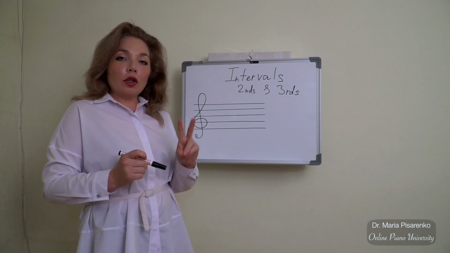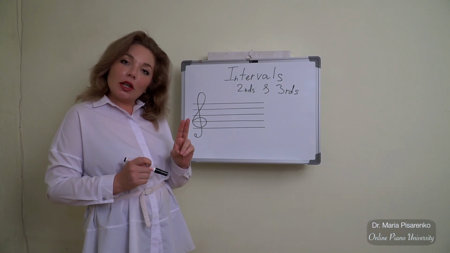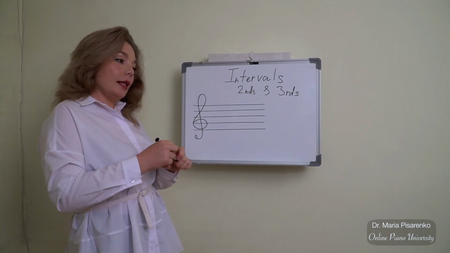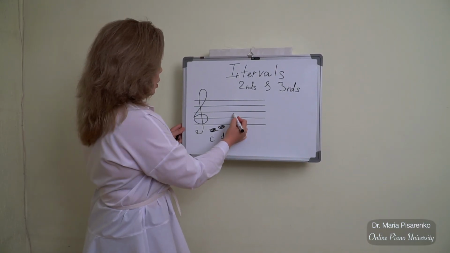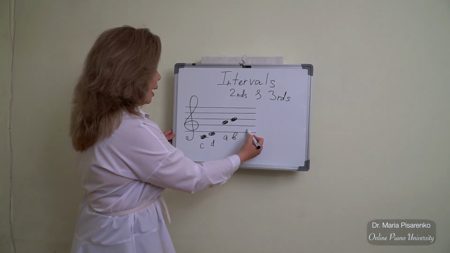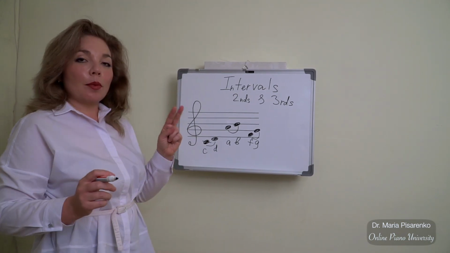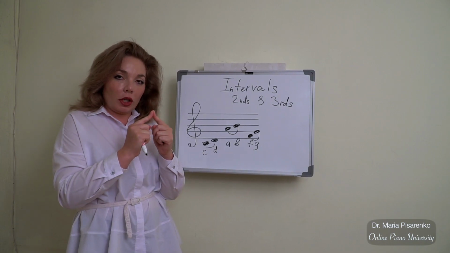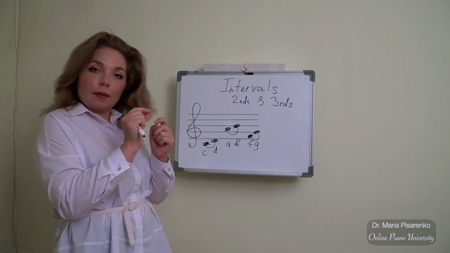When you have two sounds next to each other in alphabetical order, like A and B, B and C, C and D, or F and G, these are called seconds because you have two notes next to each other in alphabetical order and two letter names next to each other in alphabetical order.